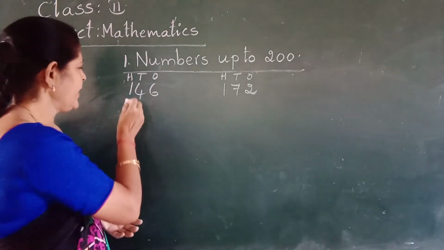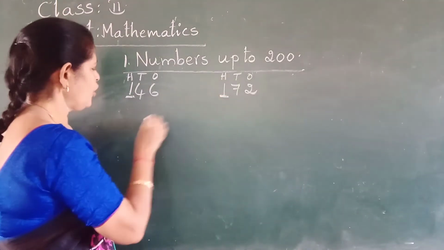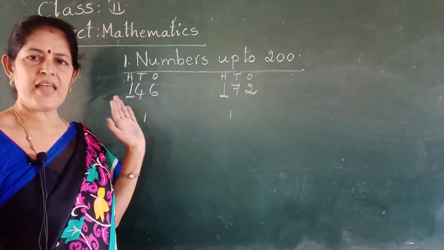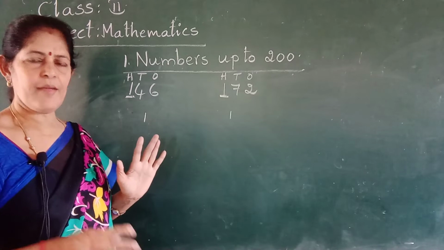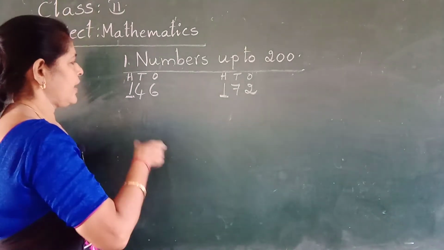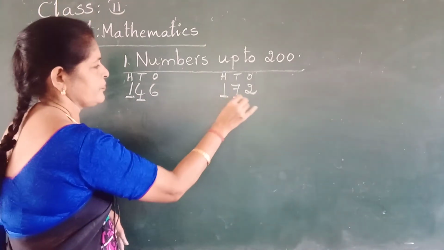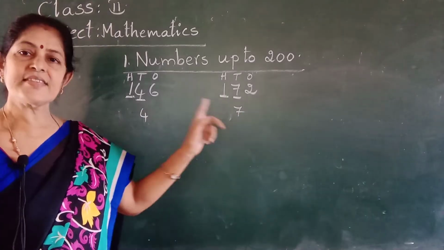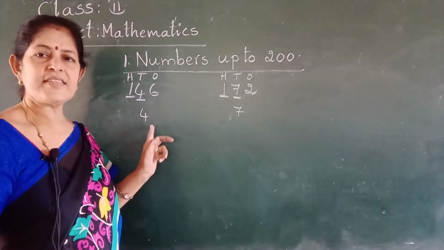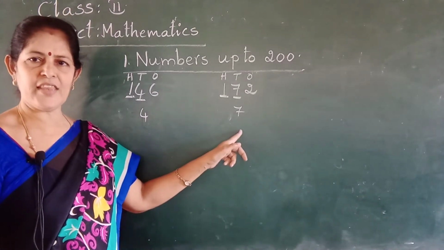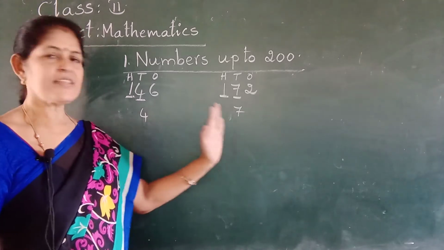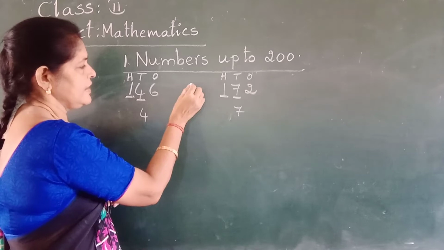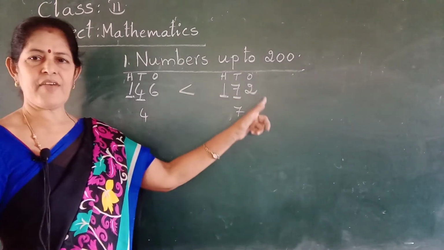First compare the hundreds digit. Both have 1 and 1, the same number in the hundreds place. Then we compare the tens place. Here 4 is there, here 7 is there. 4 tens, 7 tens. That means 4 is less than 7. Already we know that in single digits 4 is less than 7. That means 146 is less than 172.